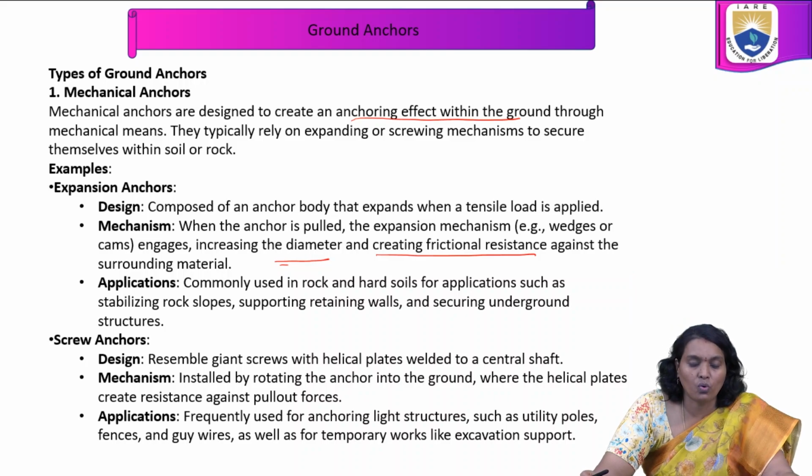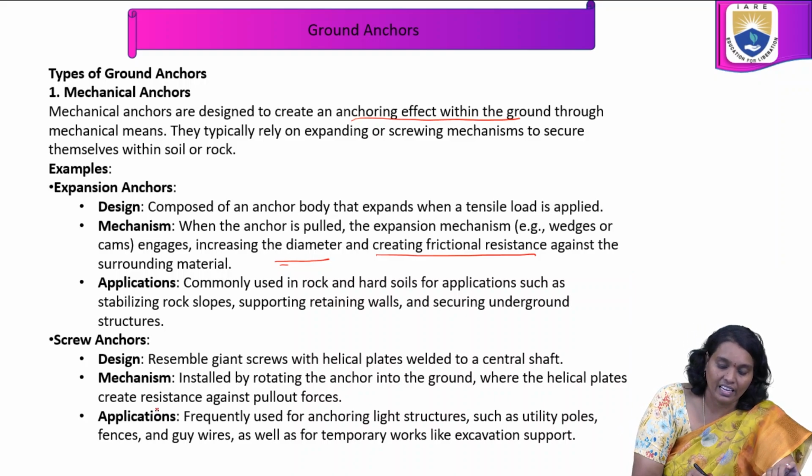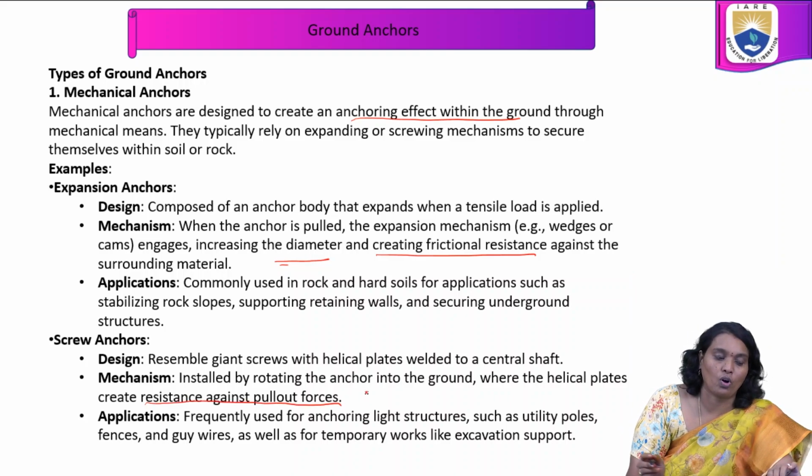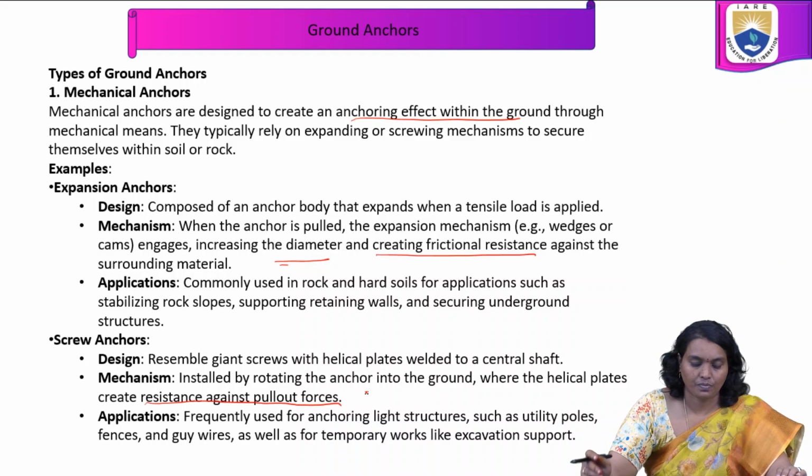Also, screw anchors are designed to resemble giant screws, with helical plates welded to a central shaft. They are installed by rotating the anchor into the ground, where the helical plates create resistance against pull-out forces.